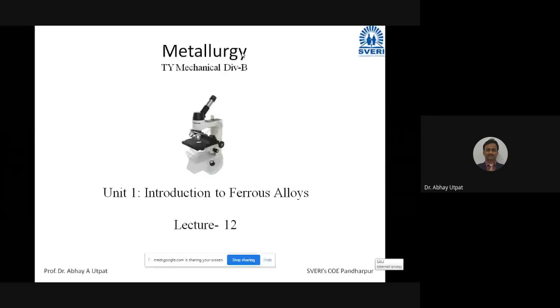So I repeat, for those who were absent for the previous class, let me tell. Cast irons have a percentage of carbon of more than 2, from 2 to 6.67 percent of carbon present in the cast iron. However, commercial cast irons have only 4 to 5% of the carbon.